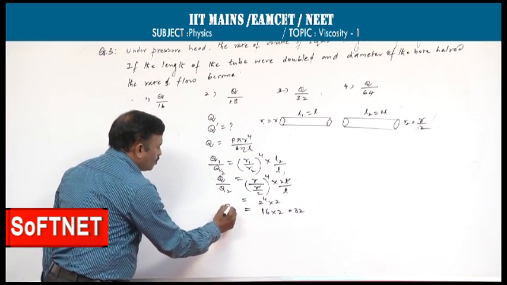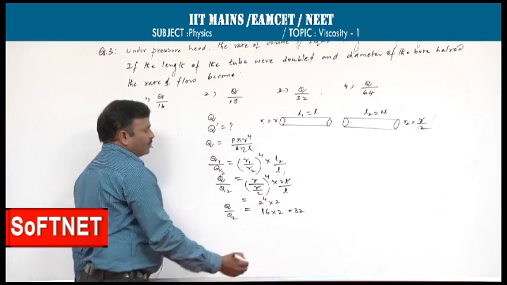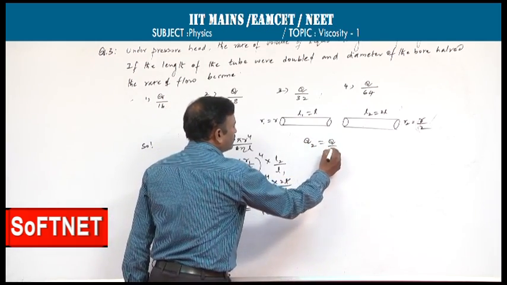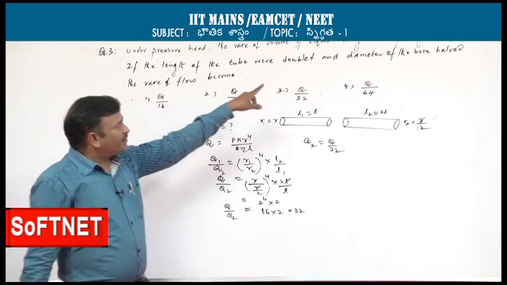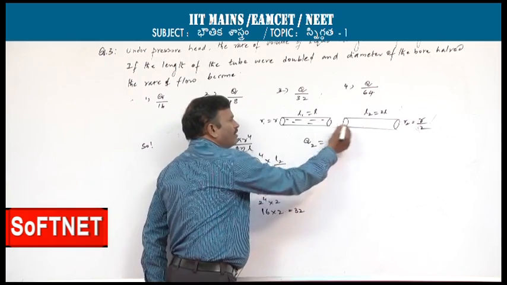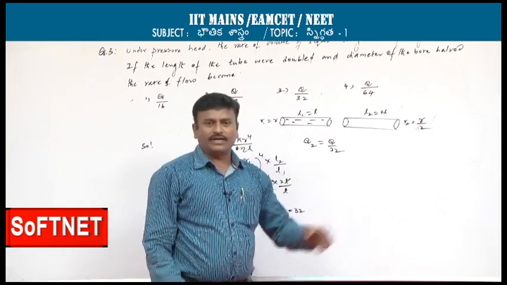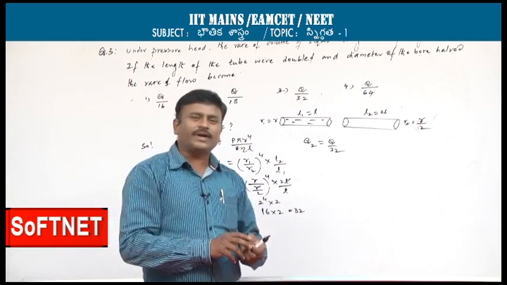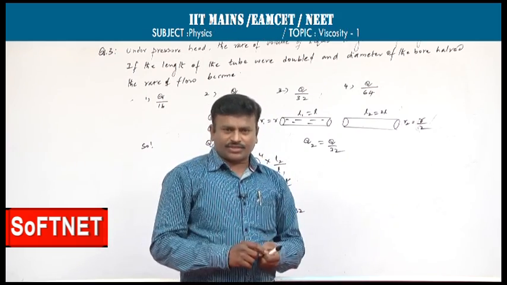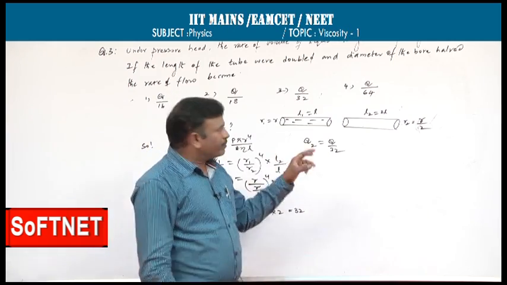So here Q by Q2 is 32. Q2 is equal to Q by 32. The radius of cross section of the tube is becoming half and length is doubled, because the rate of flow depends upon the length as well as the radius of cross section of the pipe.